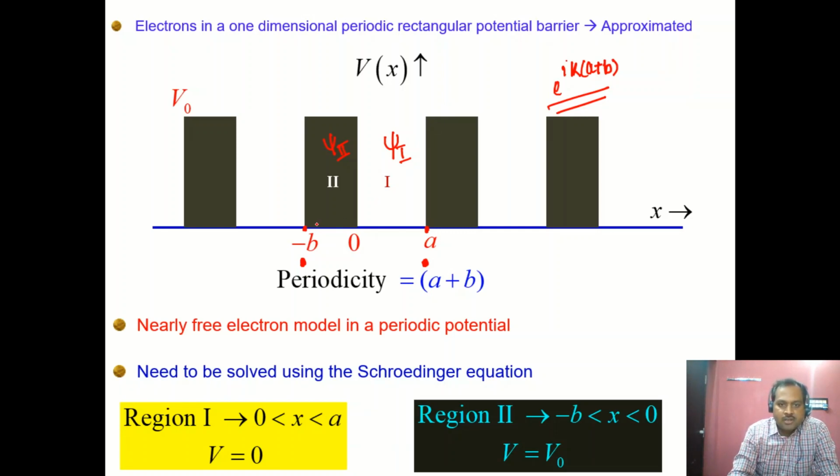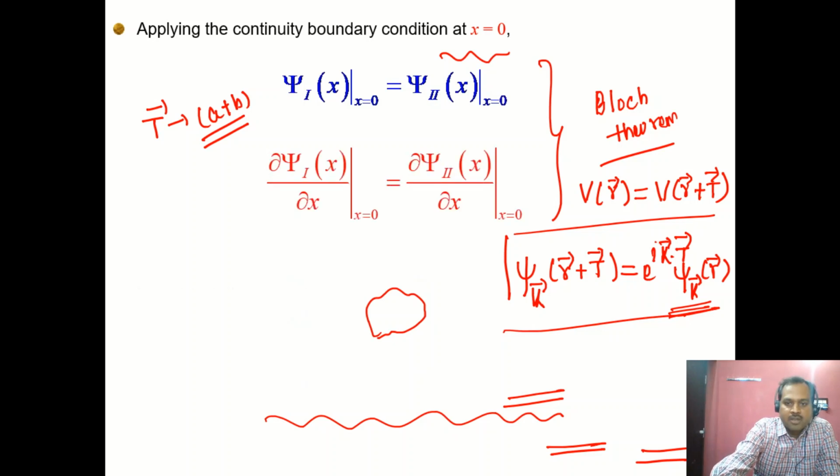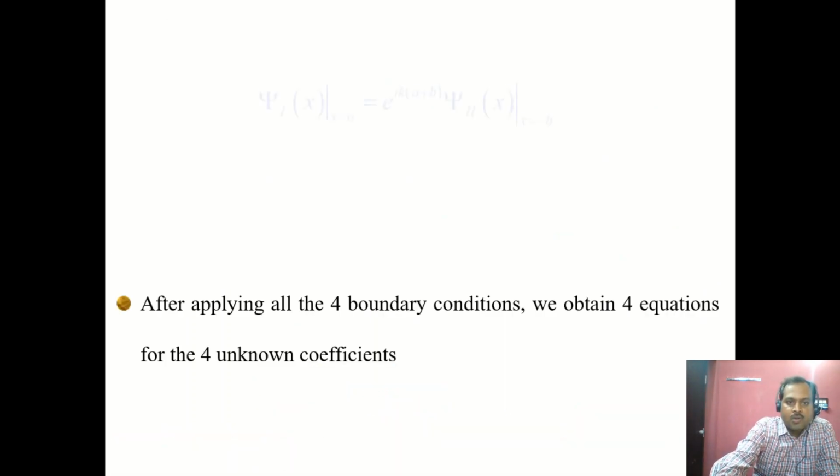In this region the wave function is psi 2, and at the point a the wave function is psi 1. At the position minus b, the wave function is psi 2, and at the position x equal to a the wave function is psi 1. Now let us impose this condition, which is obtained from Bloch's theorem, and let us see what we are getting.